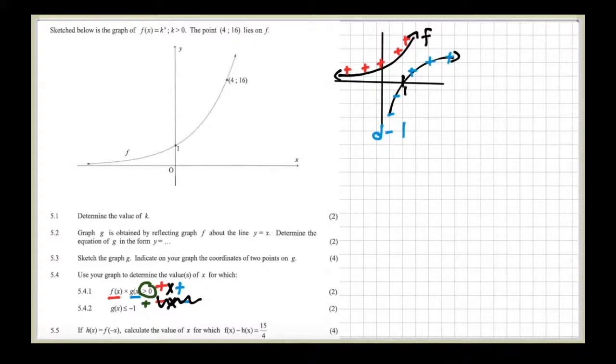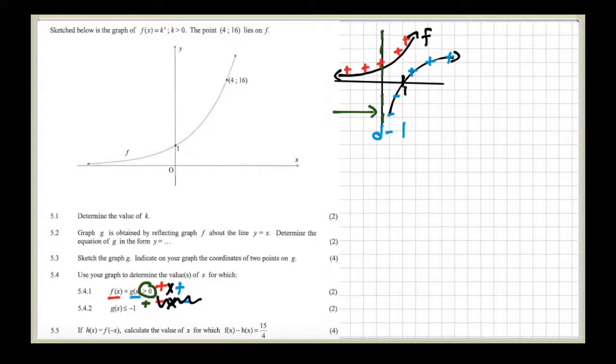Okay, what we can do now is we take our graph and we divide it into the different sections we have. First of all, we have this section on the left of my y-axis, where g(x) actually doesn't exist.